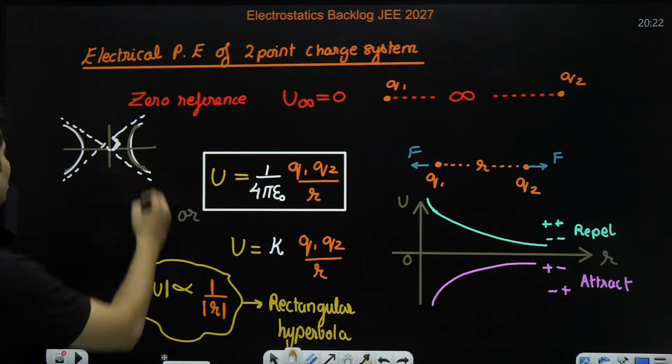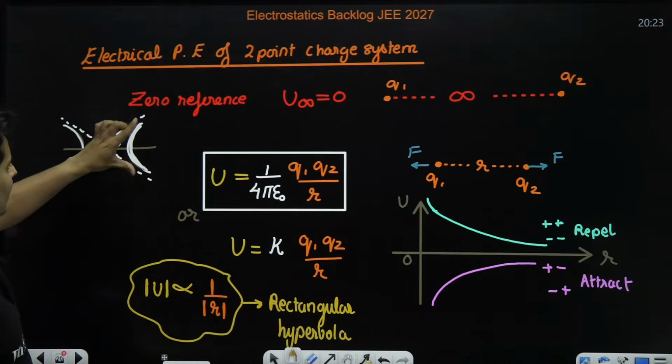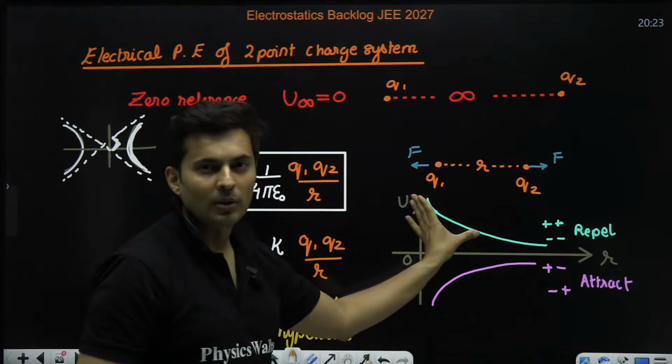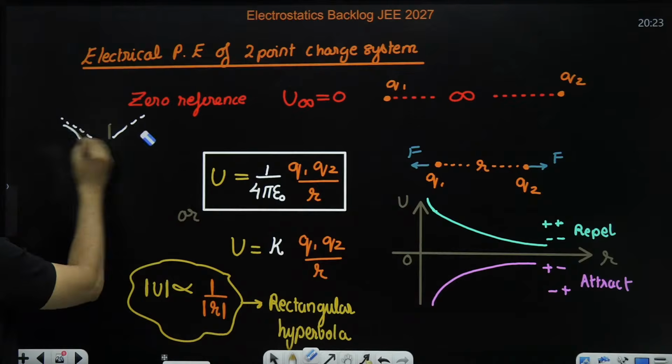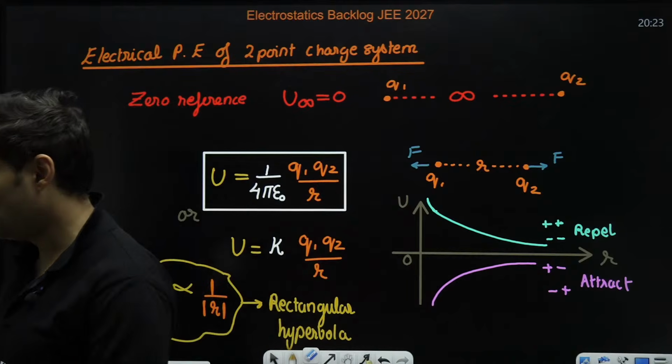If I place this curve over here, this is exactly what it is. Okay, cool. Keep that in mind. Just remember this word. Mathematics wise, you don't have to do anything.